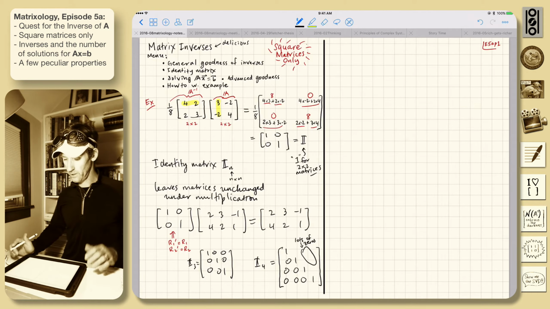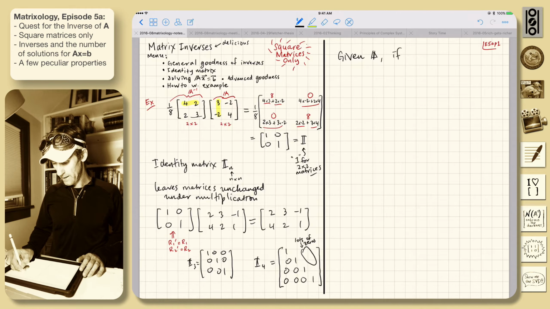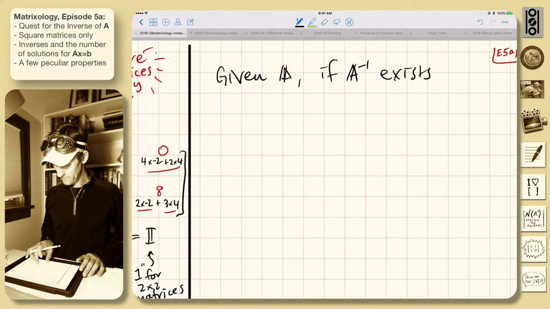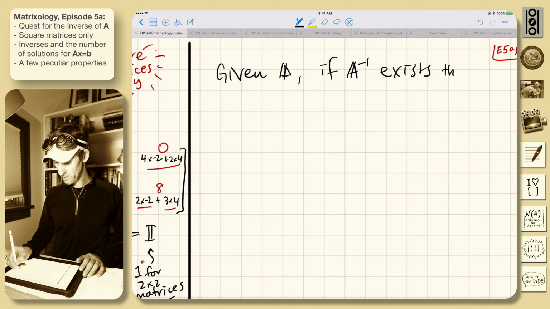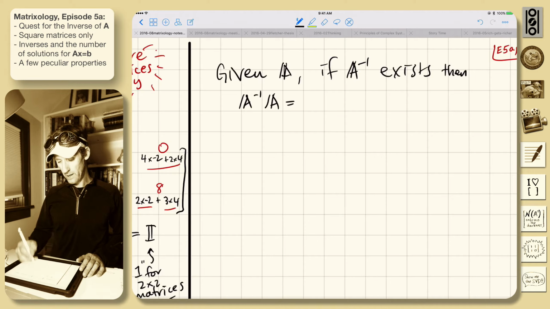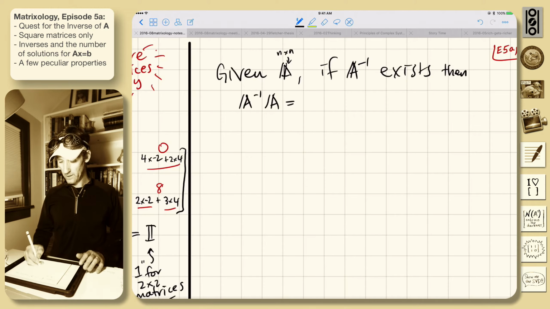Okay, so let's say we have, right, so given A, if A to the minus 1 exists, so we'll use that kind of terminology a lot. If the inverse exists, then this is true, and we'll come back to this, that A, just as we saw for this little 2 by 2 example, it doesn't matter how big, this is n by n, this is for any size.